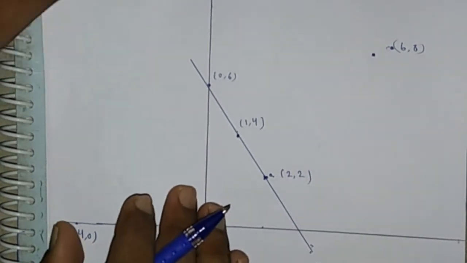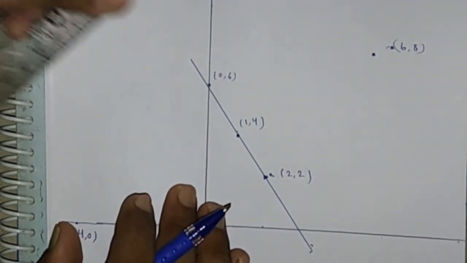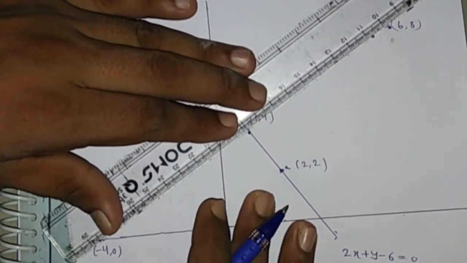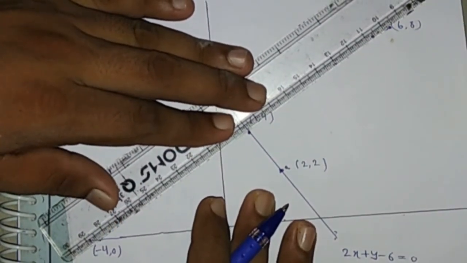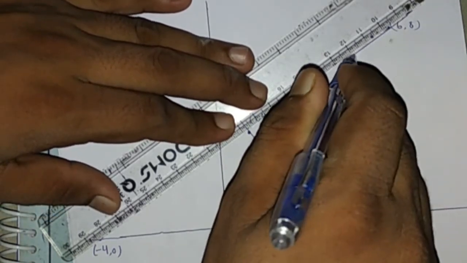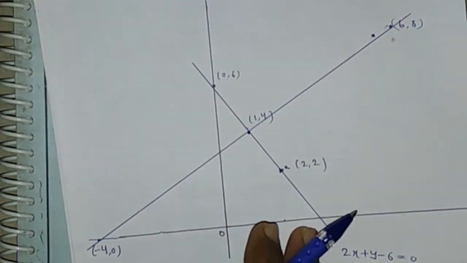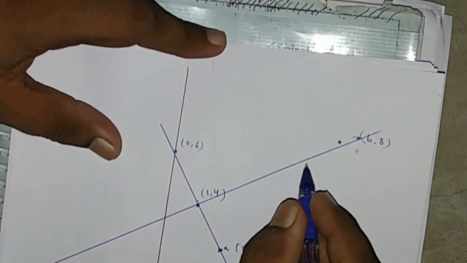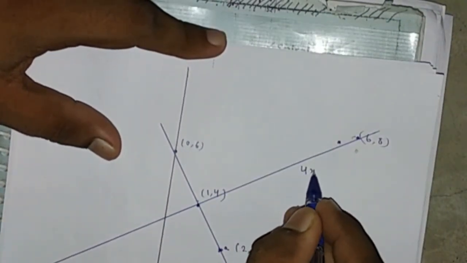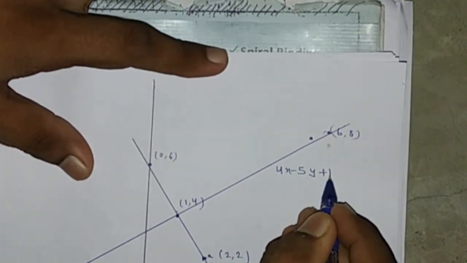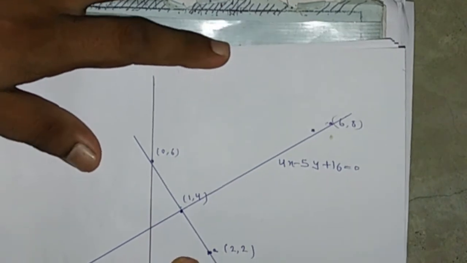Now join this line, and it is our second equation, 4x minus 5y plus 16 equals 0.